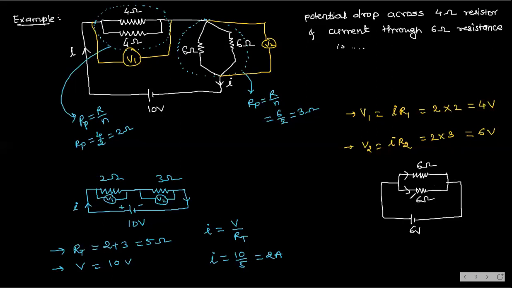Now this is parallel, so obviously you are getting the same current as the resistors are the same. Suppose this is I1 and this is I2. So I1 is equal to V by R1, which is 6 by 6, so 1 ampere, and I2 is equal to V by R2, which is again 6 by 6, so this is 1 ampere.